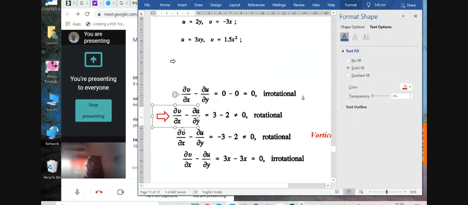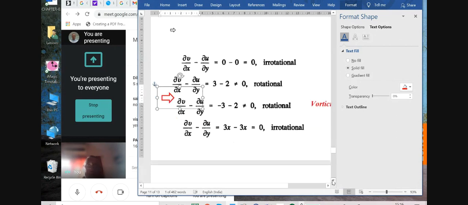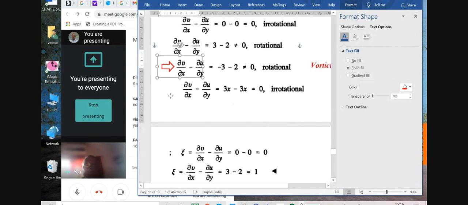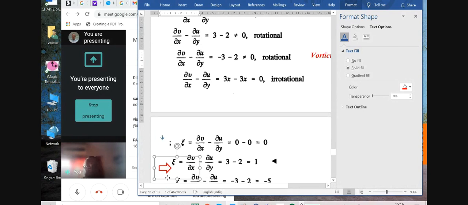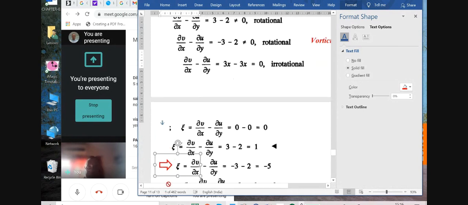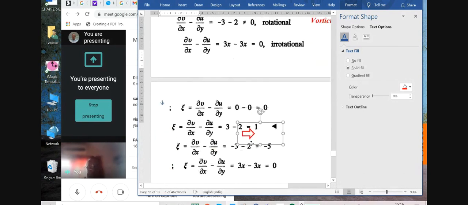The flow is rotational. Have you seen? So accordingly, for these two cases, you are getting the values of vorticity.